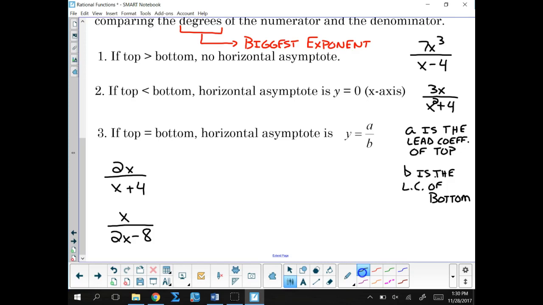So, looking at these two, what would the horizontal asymptote be on this first one? Choose a number. y equals 2 is a horizontal line. On the bottom one, what's the horizontal asymptote? y equals 1/2.